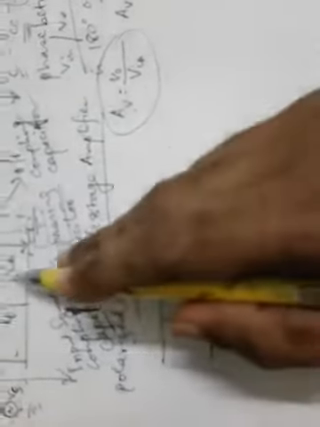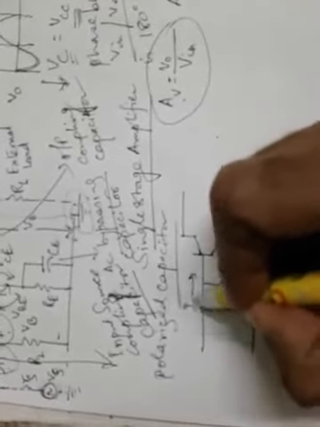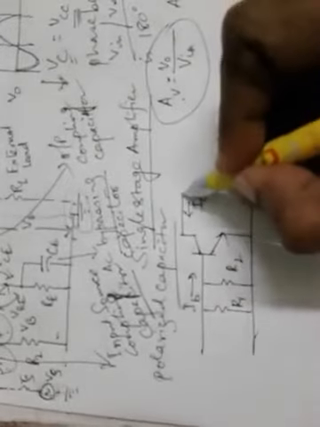This is the AC equivalent circuit of the common emitter mode configuration. This is R1, R2, they are parallel. Ib is flowing, small ib, because it is AC analysis. Ic small, the collector current.